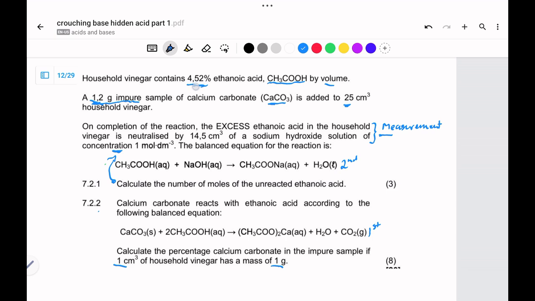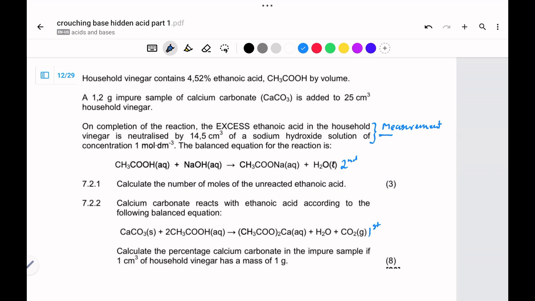So clearly this piece of information can go with this piece of information, right? And these relate to the initial state of the acid. So what we're going to do is put the relevant pieces of information together.